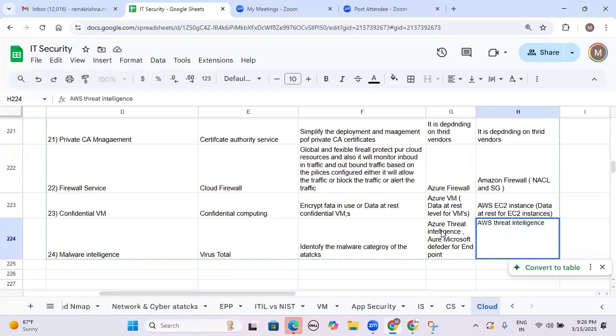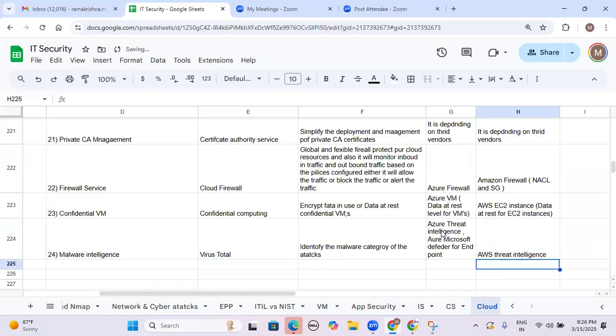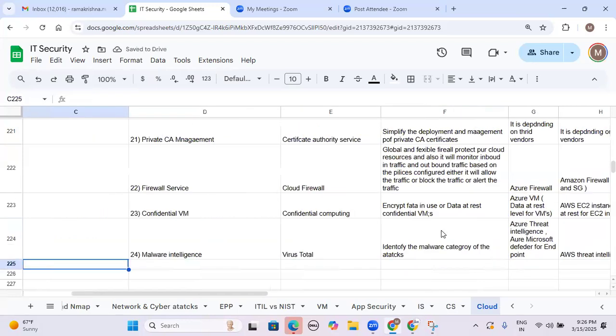This is an inbuilt feature for advanced persistent threats in the proxy and firewall, and also in GuardDuty. It is inbuilt, they don't have a separate service for this particular integration. So that is about malware intelligence on the GCP side.